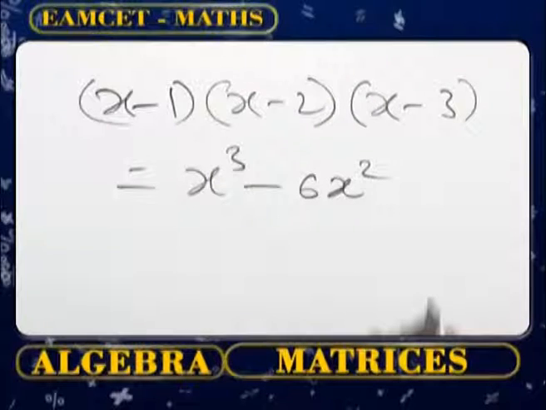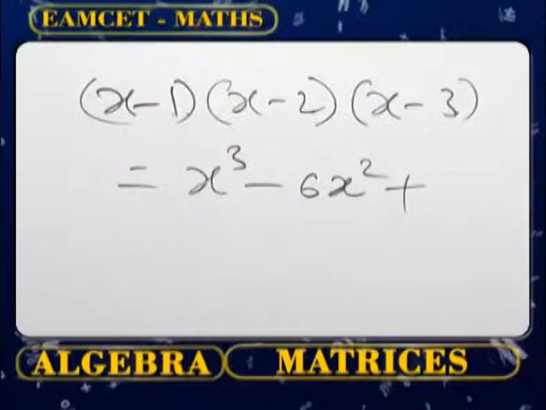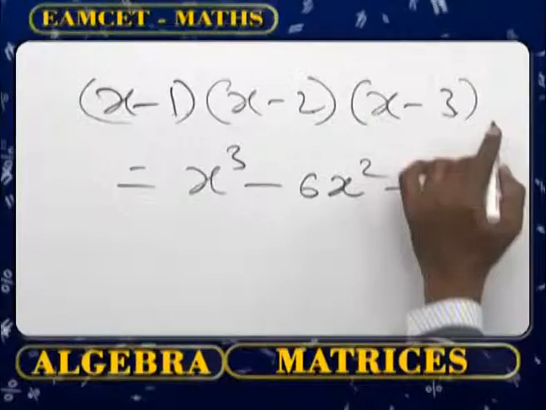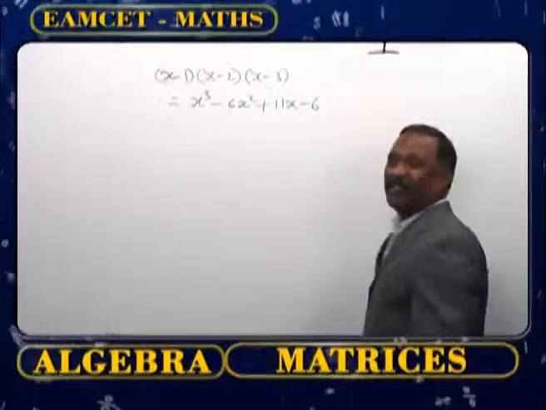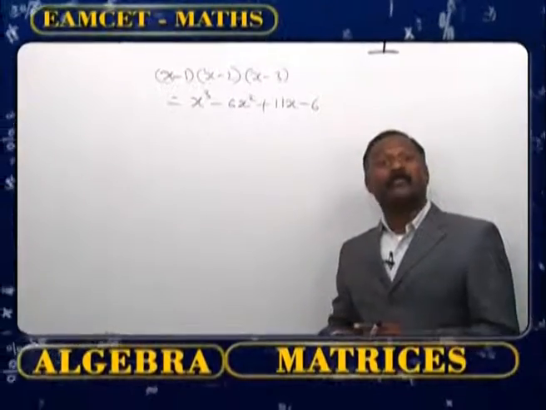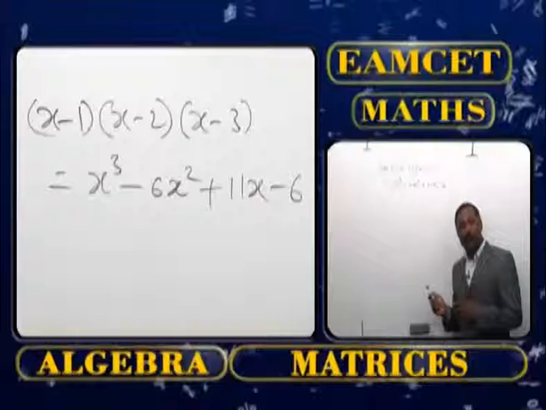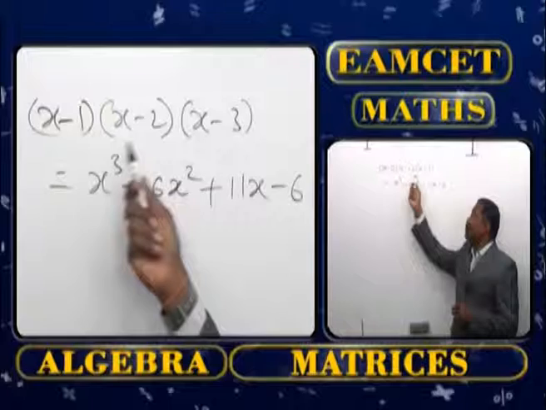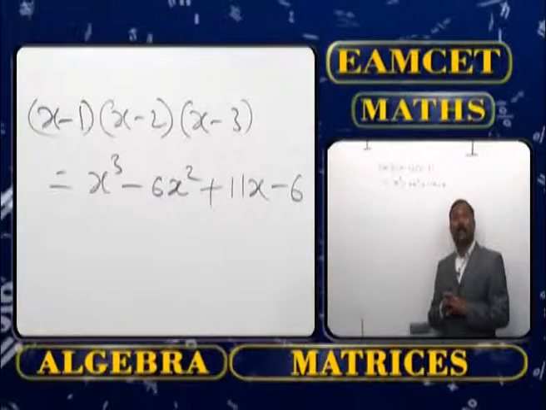Next, the sum of the roots by taking two at a time: 1 into 2 is 2, 2 plus 3 is 5, 5 plus 6 is 11, so 11x minus 6. That's all. Within one step, you can write the multiplication like this if you understand the relation between the coefficients and the roots. These are the roots here. So this is all about the relation between the coefficients and roots.